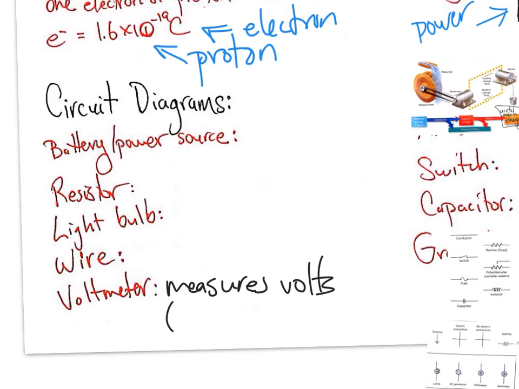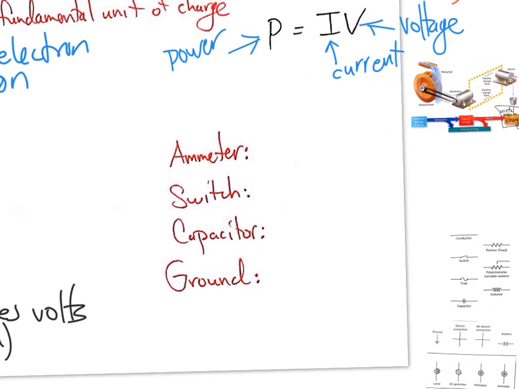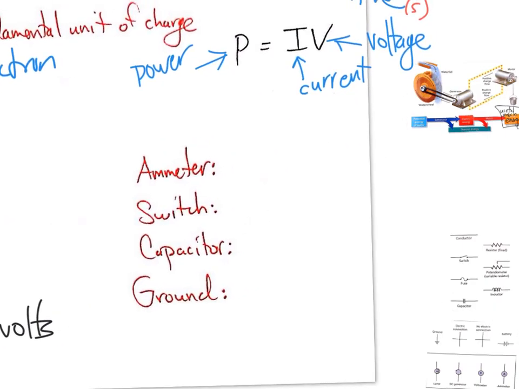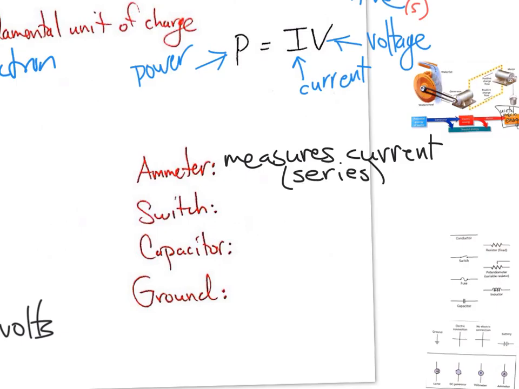And I'm just going to write this in so that you have it. We'll talk more about what that actually means next week. But have that in your notes and it will be helpful. An ammeter measures amps, which is current. And this, we're going to say, is placed in series in the circuit. And you'll learn eventually what that means. And then switch, capacitor, and ground.